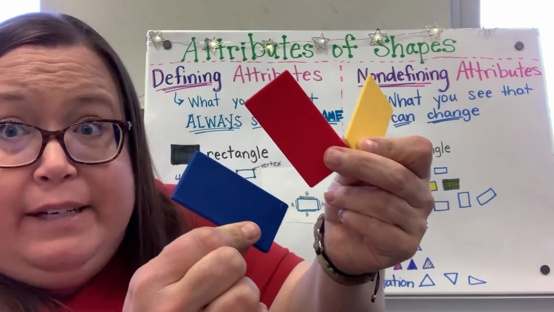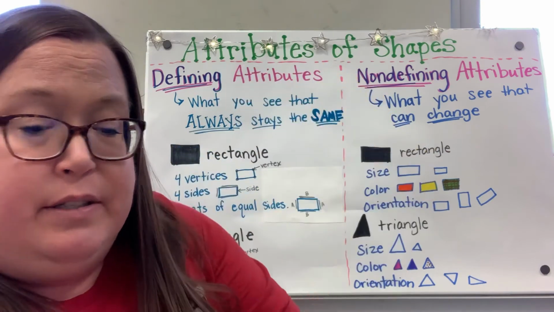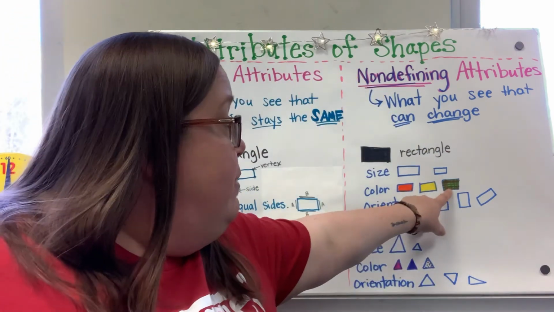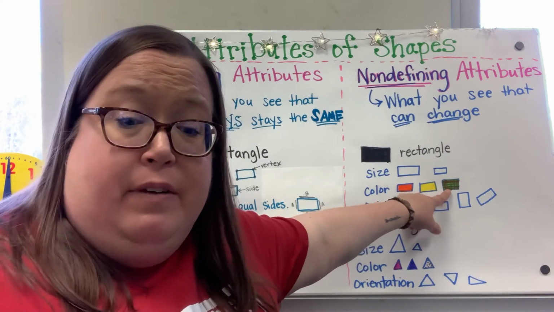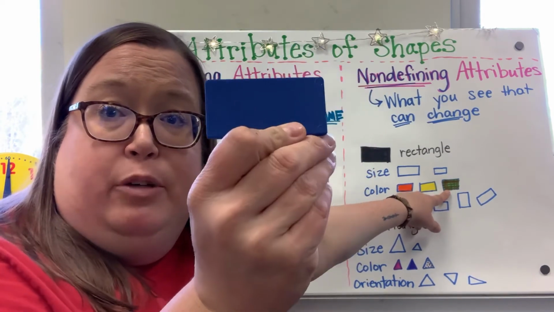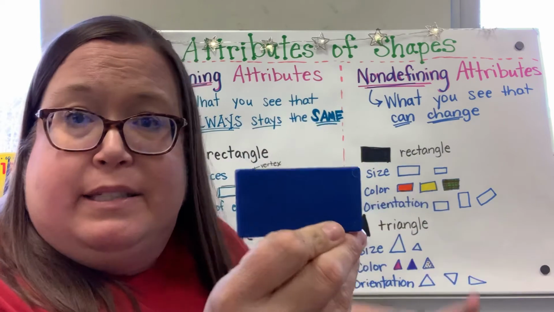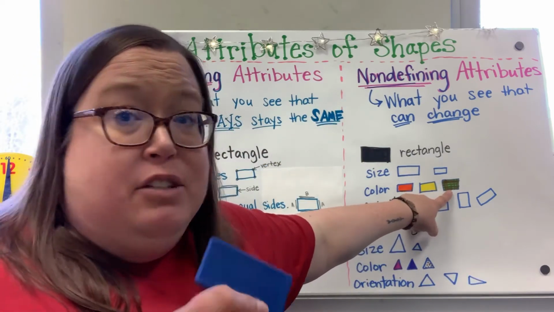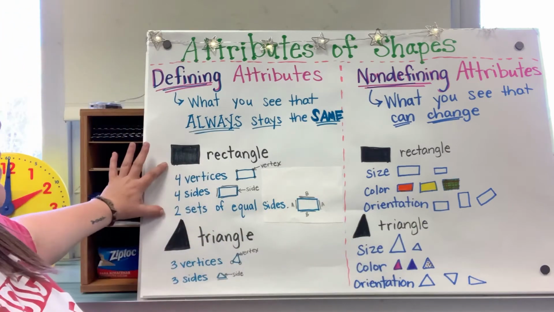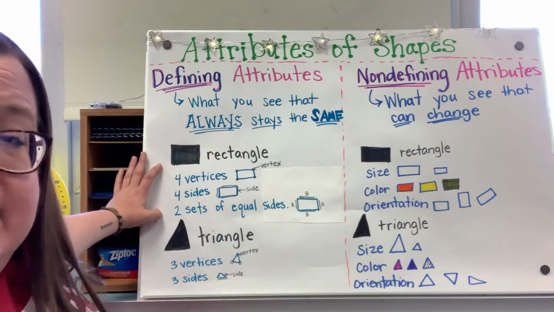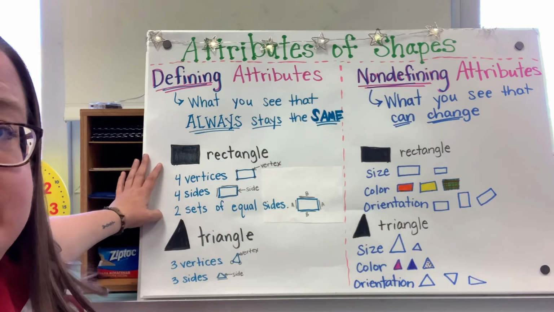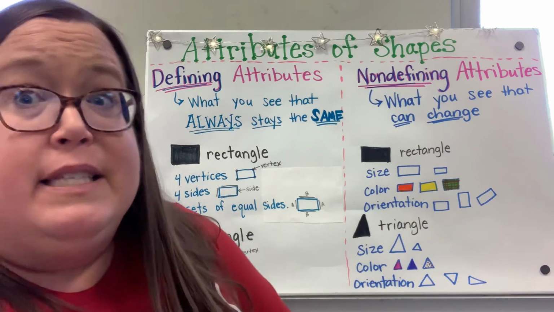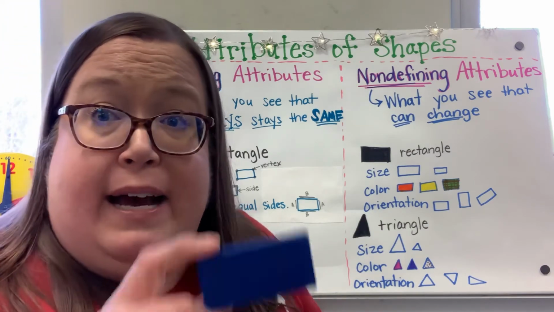They're all rectangles, but they're different colors. And in fact, some could even have a pattern on it. Even if, let's pretend that this blue one had polka dots, or like in my drawing, if it was plaid. As long as it has the defining attributes, what makes it a rectangle, then it's still a rectangle. The color doesn't matter, even if it has a pattern on it.